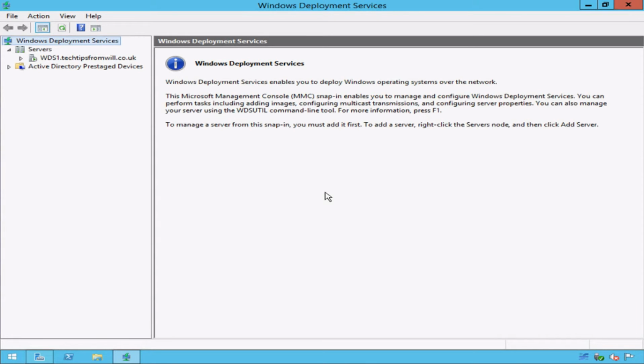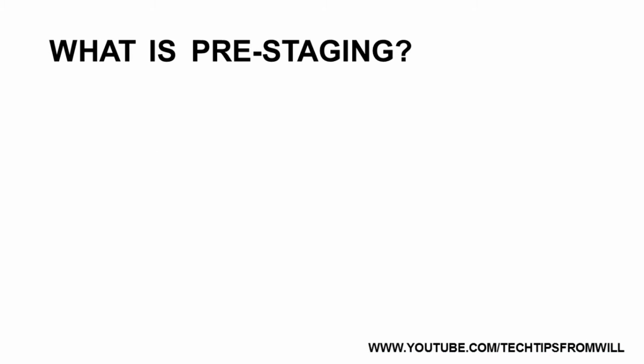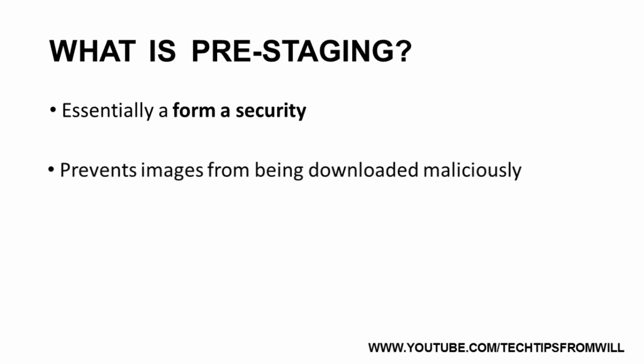Before I show you how to pre-stage a client computer, what exactly is pre-staging? Pre-staging is essentially a form of security. Pre-staging helps to prevent rogue computers from connecting to your network and downloading images from the WDS server maliciously.